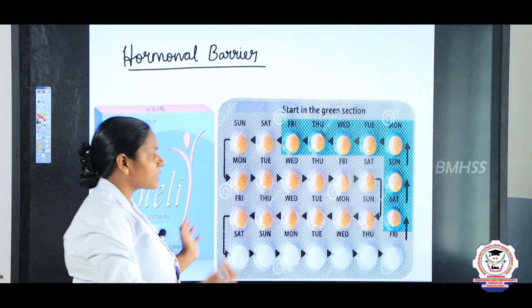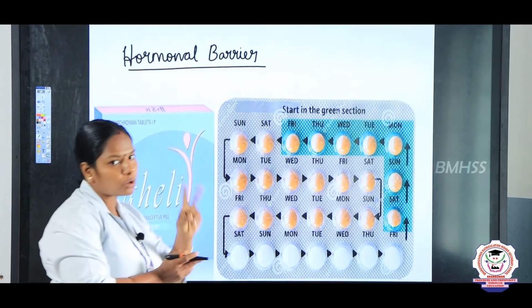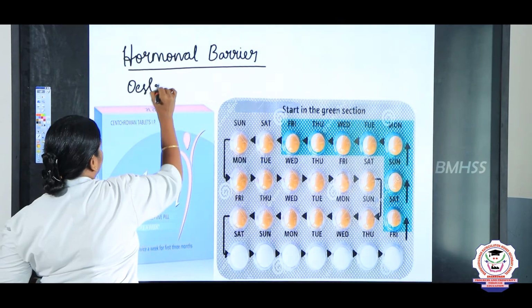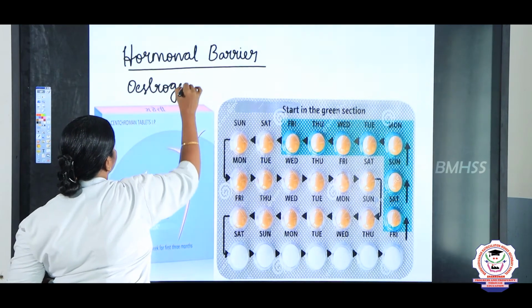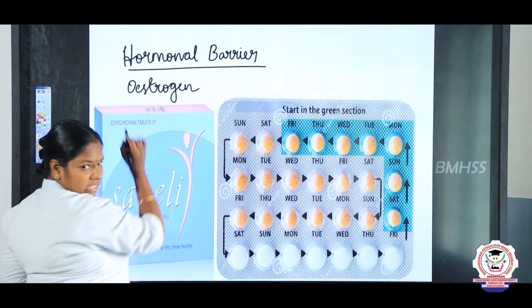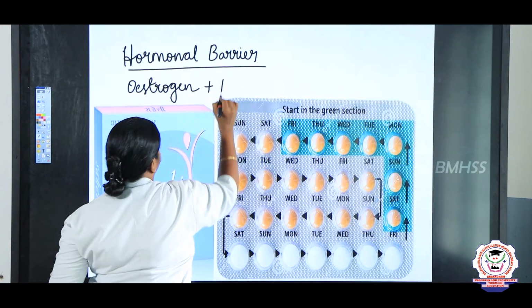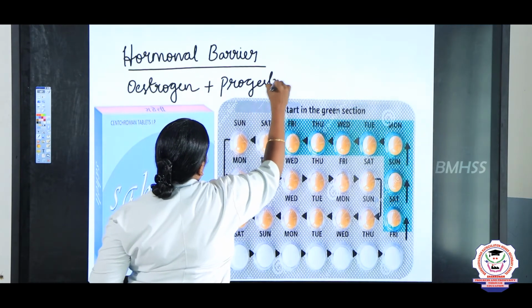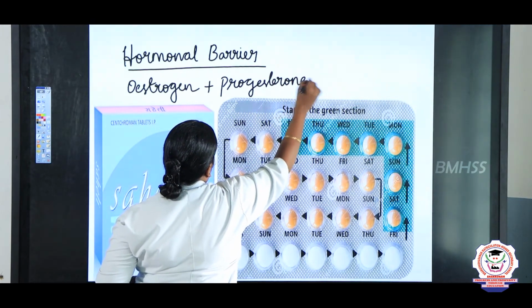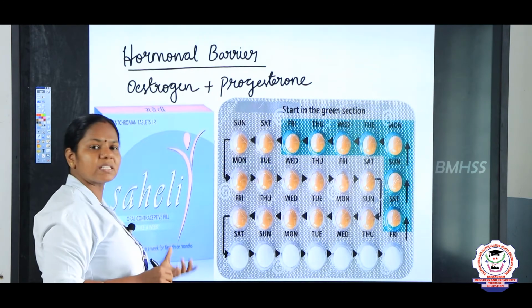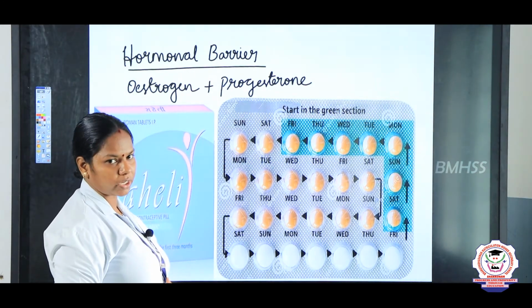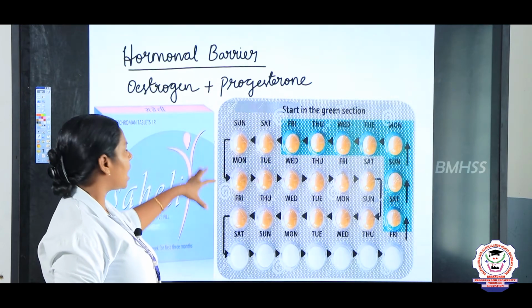It is a combination of two hormones: synthetic estrogen and progesterone. It suppresses the activity of FSH and LH in the female's body, so fertilization is avoided.